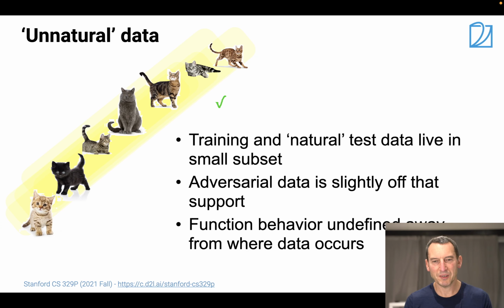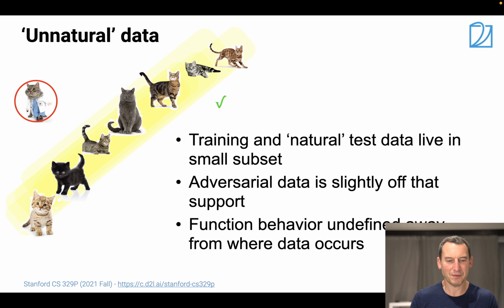And then you want to find that slight deviation such that the estimator applied to that slight deviation behaves very differently. And that's exactly what we have here. So here's, for instance, our cat in the lab coat.